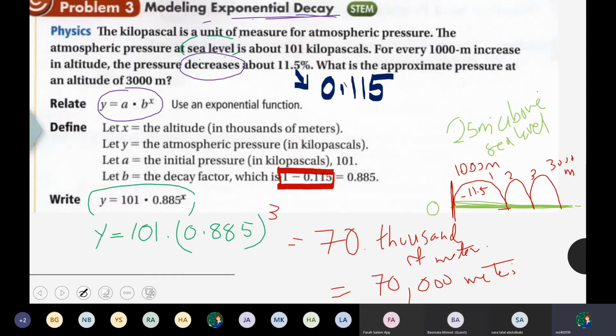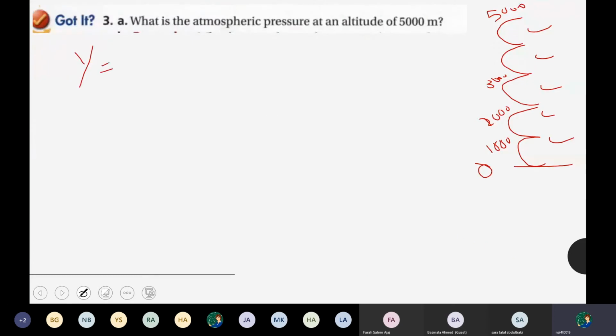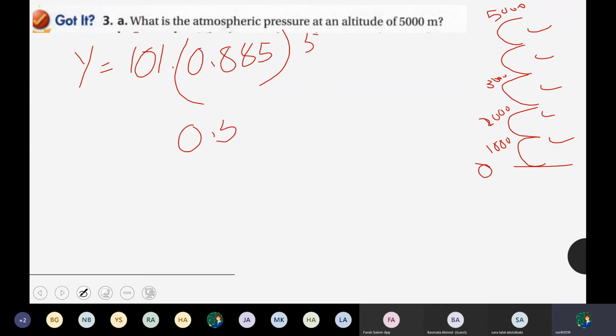So I move 5 steps. So I just write y equals 101 times 0.885, but now raised to the power 5. It is 0.542 multiplied by 101.